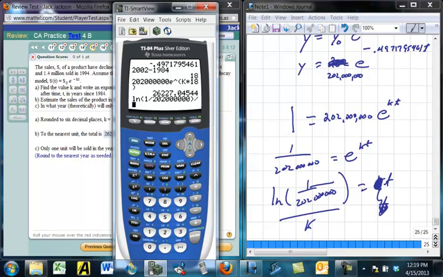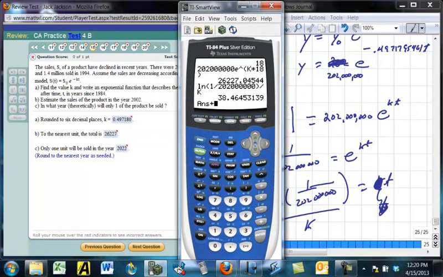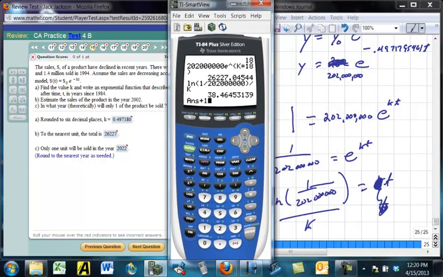And then divide by our value of k, alpha k, and that's the time, and it is approximately 38 years, and we need to add that to 1984, excuse me. So about 2022. If this would continue at this rate, that would be down to only one of the product being sold in 2022.